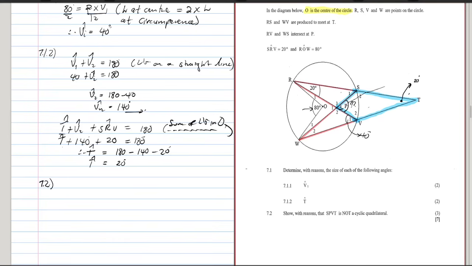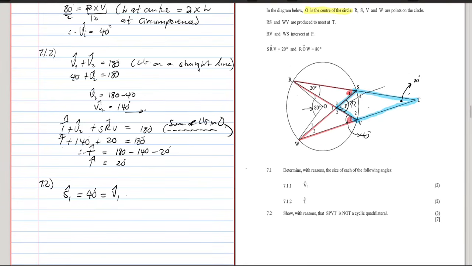This is a bow tie. Okay, so this means that this S1 is equal to that V1. Now, what does S1 have to do with P4? You'll see, don't worry. Angle S1 is equal to 40 degrees.